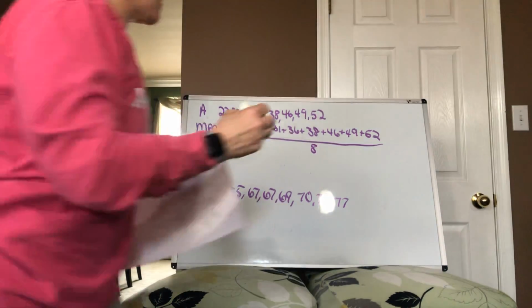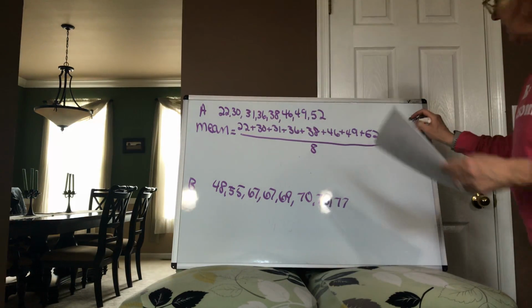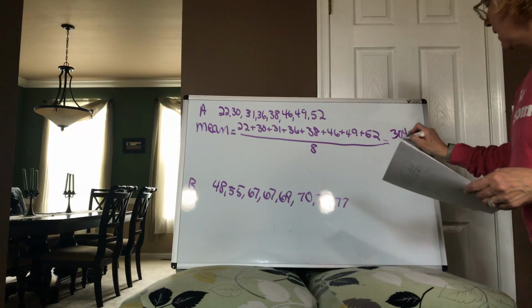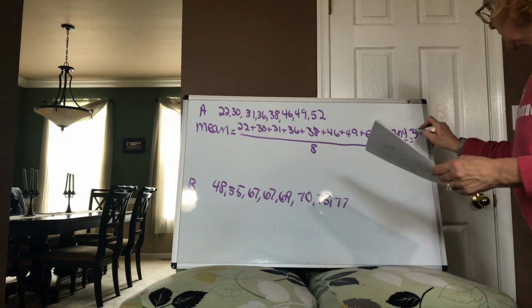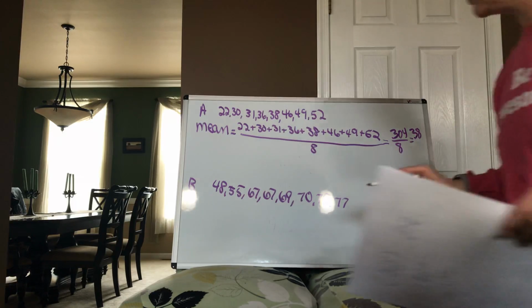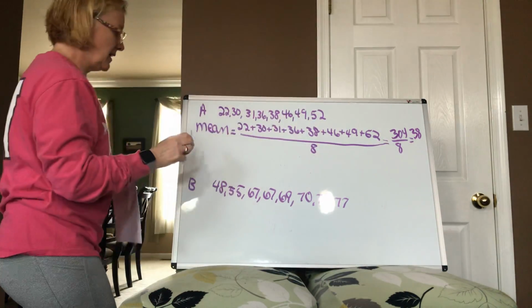When you add all of those numbers together, your total ends up being 304, divided by 8, and your mean is going to be 38. So your mean or average for this company is 38.